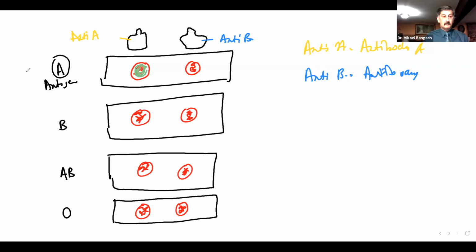Whereas if your blood shows a reaction to the B antibody, or anti-B, it reacts because you have the B antigen, which makes you blood group B.